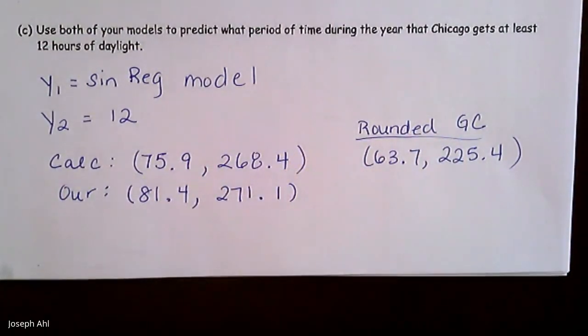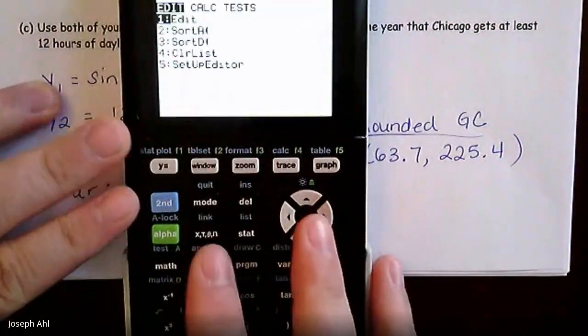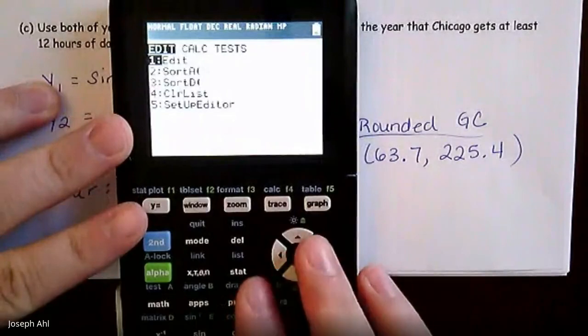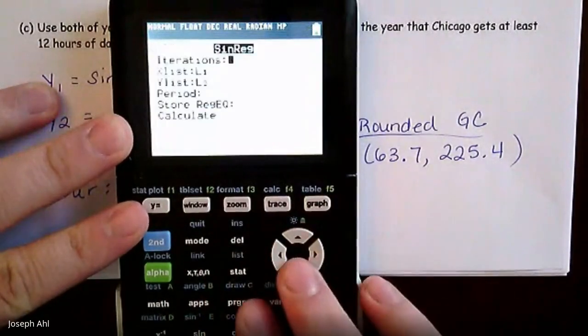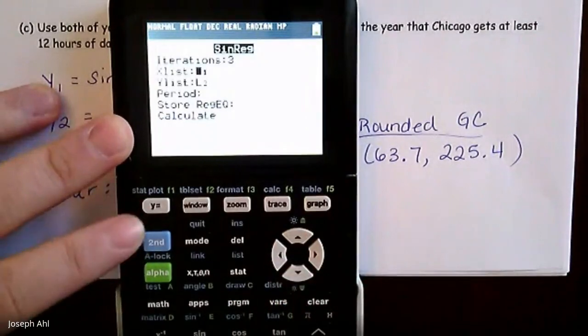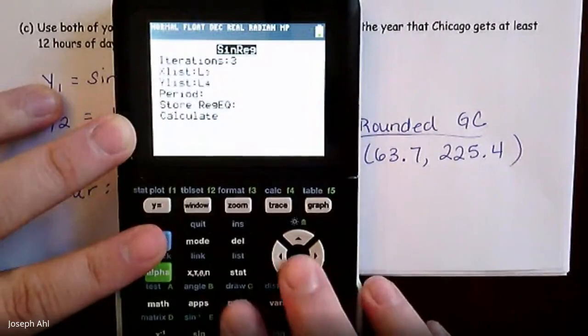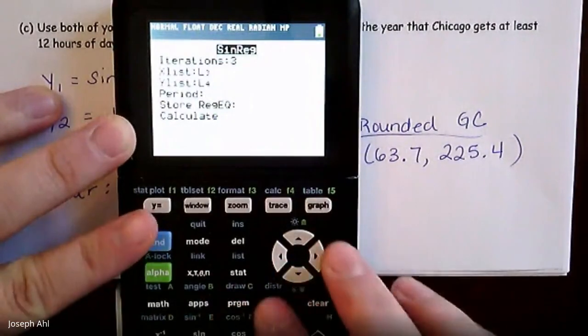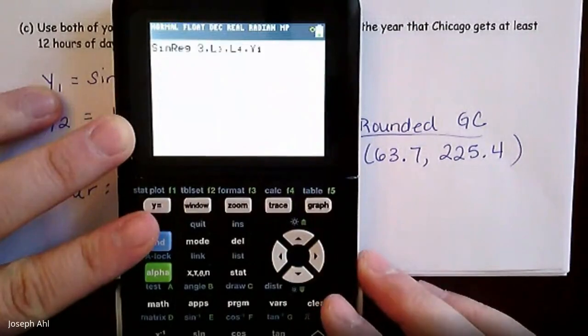So just because I thought it was interesting to look at quick, I did enter the data into list 3 and list 4. So when you go to do your sine regression, if you're going to follow the same process as me, you would have to change L1 and L2 to L3 and L4. I'm going to store the regression equation in Y1. Okay, calculate that.